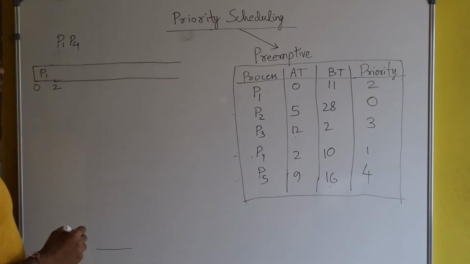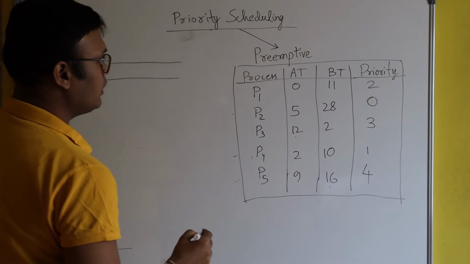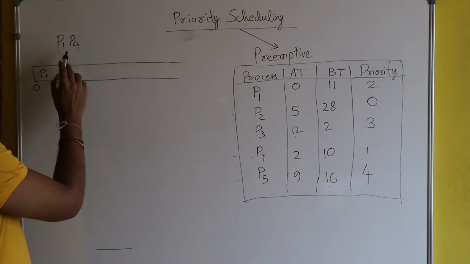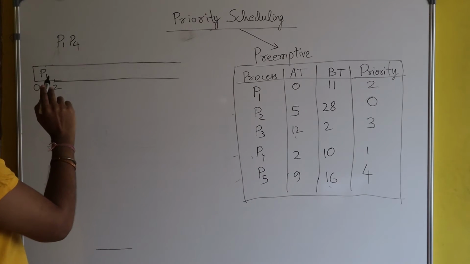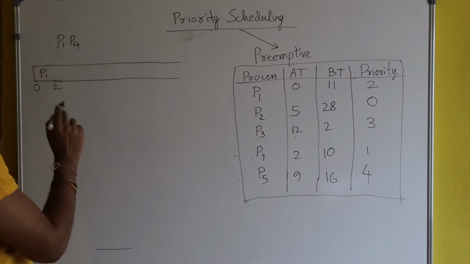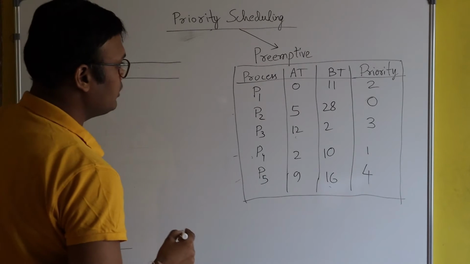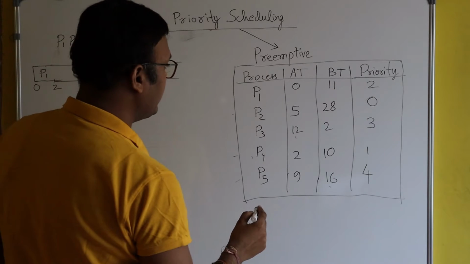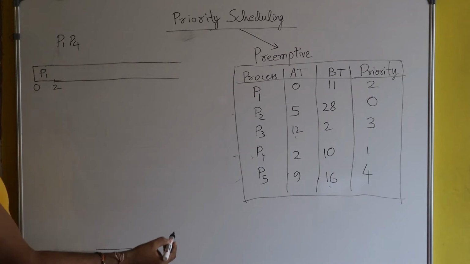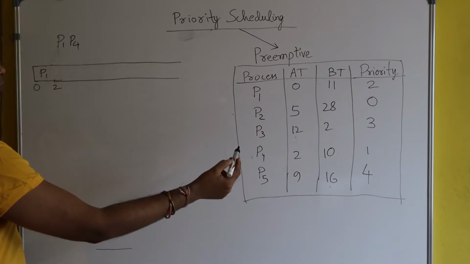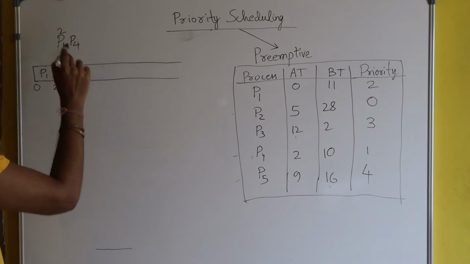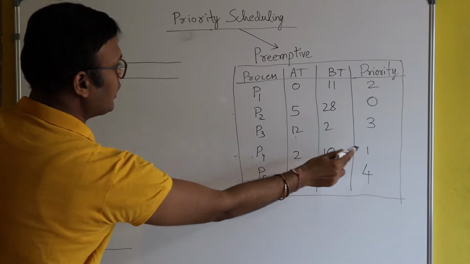So which process should be selected? It means CPU should be allocated to which process, P1 or P4? Let's compare the priority of both processes. The priority of P1 is 2 and the priority of P4 is 1.